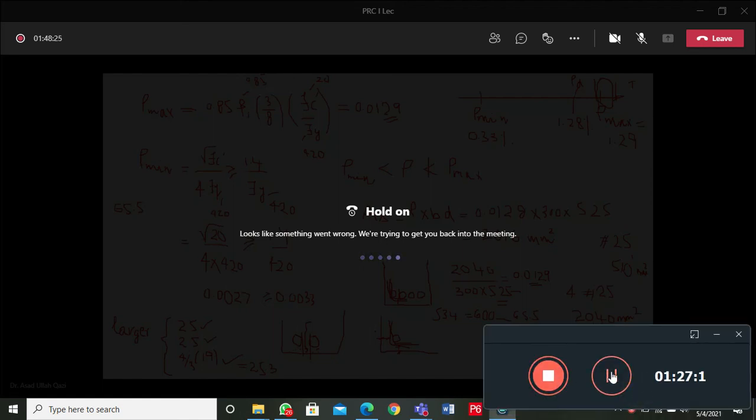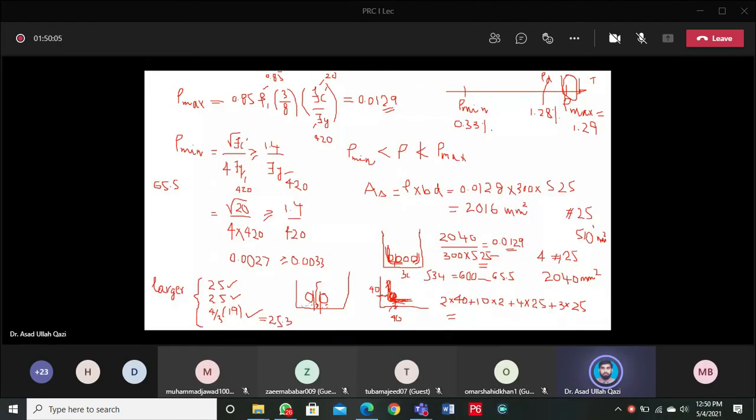Equal to or less than 300: 2 into 40, both sides edge cover, is 80; 2 into 10 is 20; it becomes 100. 25 into 4 becomes 100. 25 into 3 becomes 75.